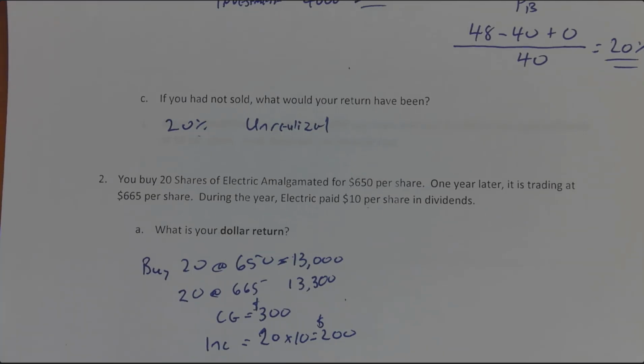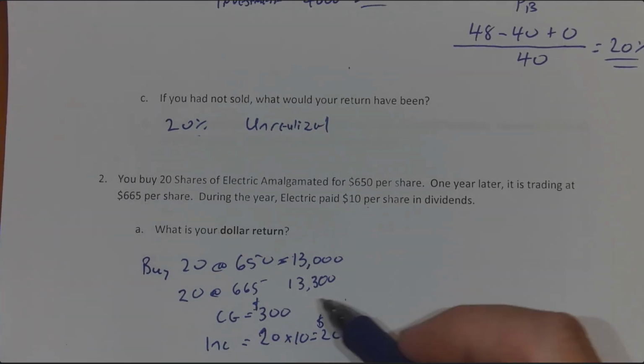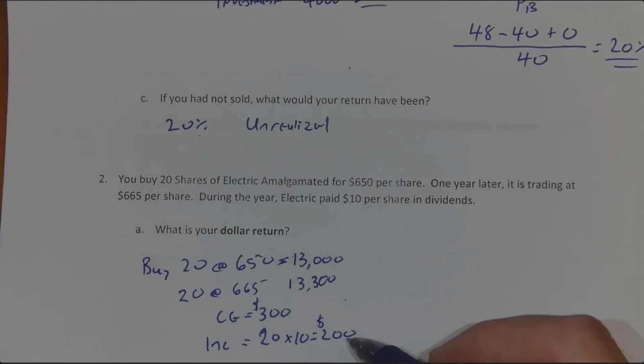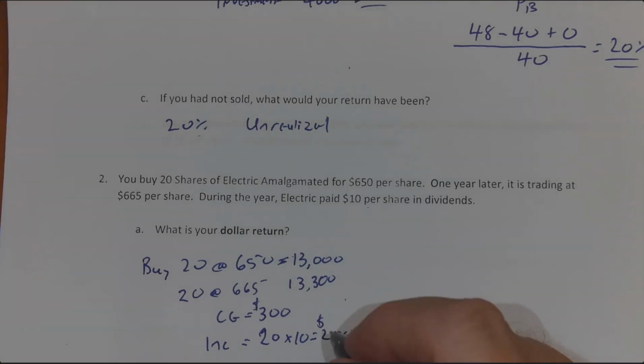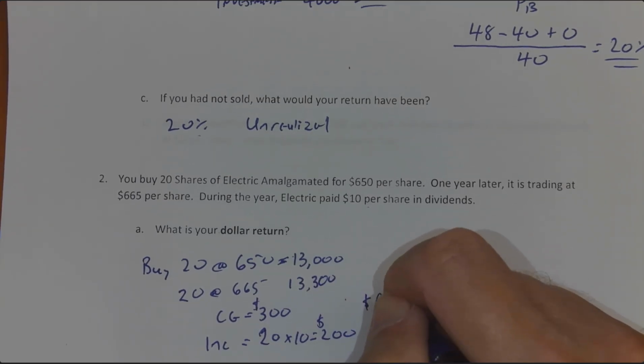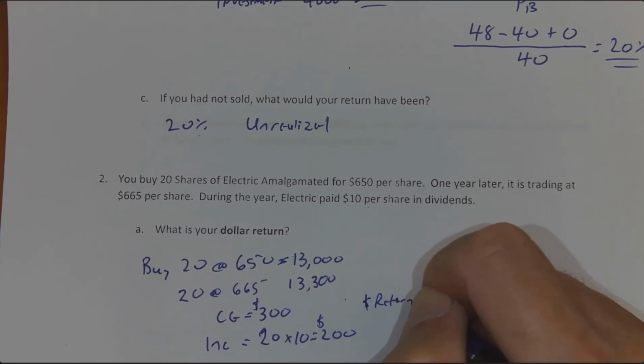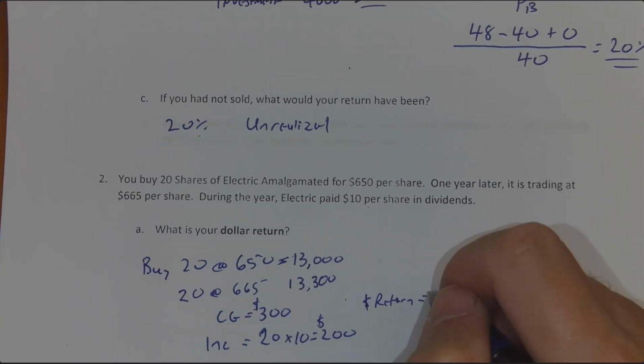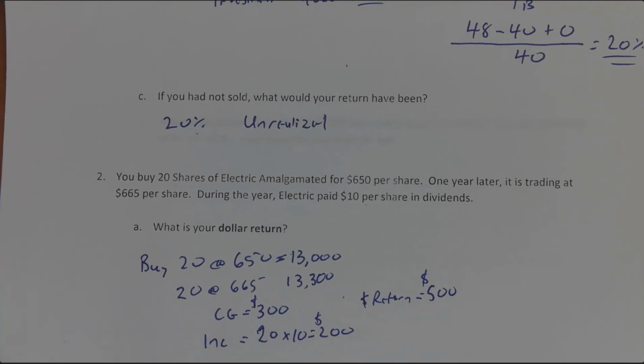So my total dollar return is going to be the $300 capital gain plus the $200 in dividends or income, and so my dollar return is going to equal $500.